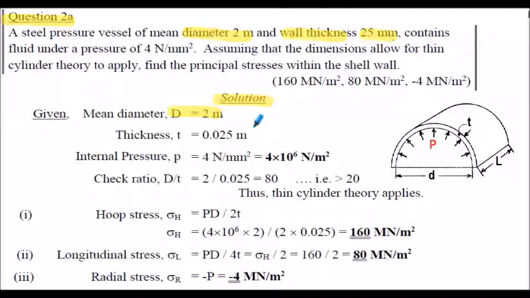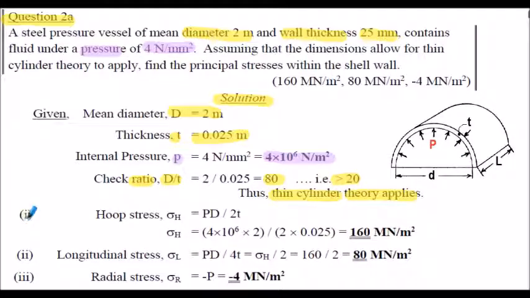Notice I've converted that to meters here, so 0.025 meters. The pressure inside the vessel is 4 newtons per millimeter squared. I've converted the pressure into newtons per meter squared, so that's 4 times 10 to the 6 newtons per meter squared. Just for reference, I checked the D upon T ratio, worked out to be 80, so very much greater than 20, so our thin cylinder theory applies here.